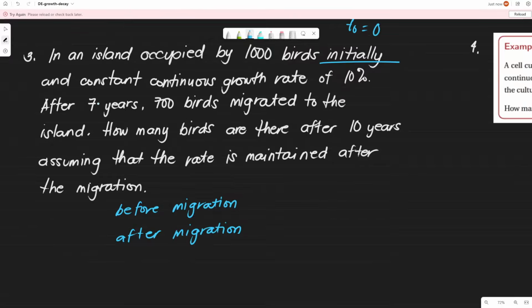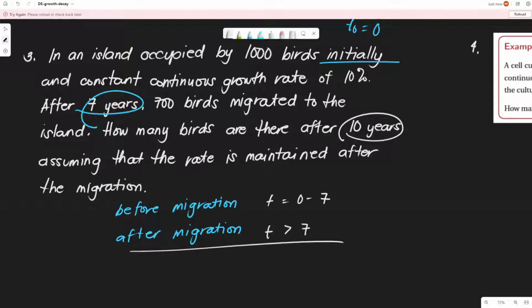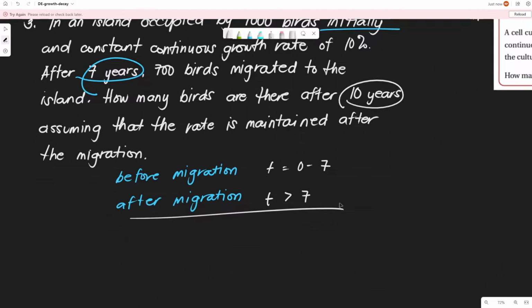After 7 years. So, meaning, this is from t equals 0 to 7. Tapos dito naman, after migration, this is already greater than 7. Ano ba yung tinatanong? 10 years. So, dito tayo after the migration. But we cannot compute the after-migration population if we do not compute the before-migration population at 7 years. So yun muna yung una nating i-compute.